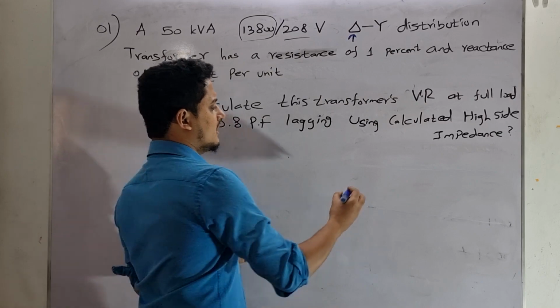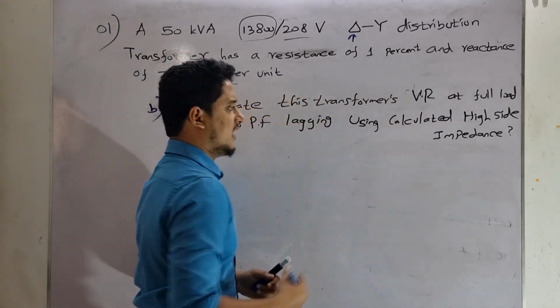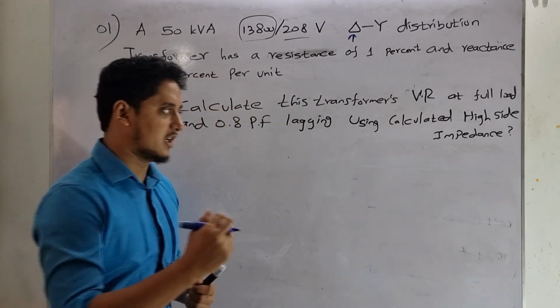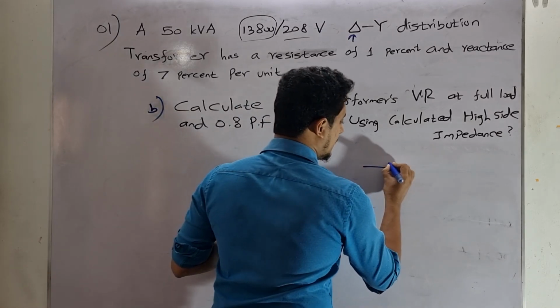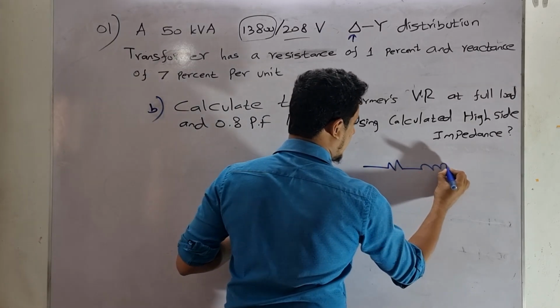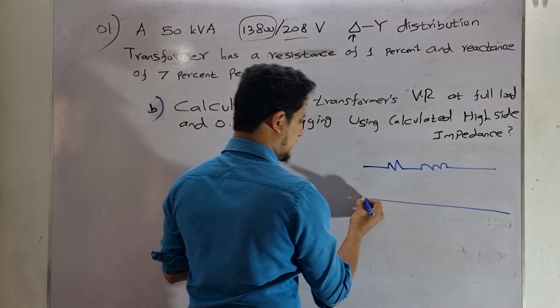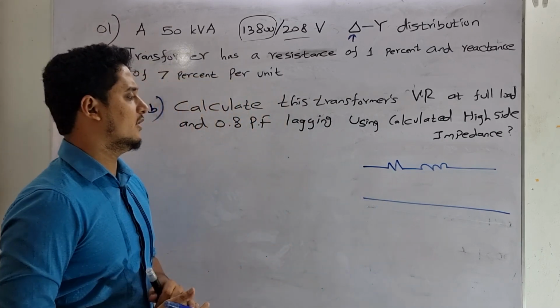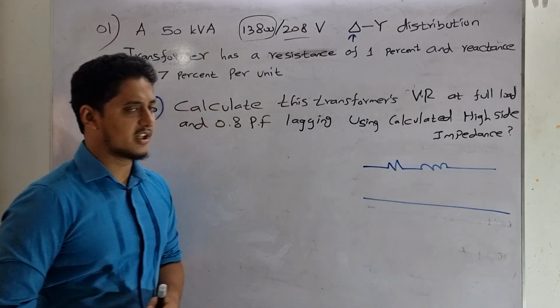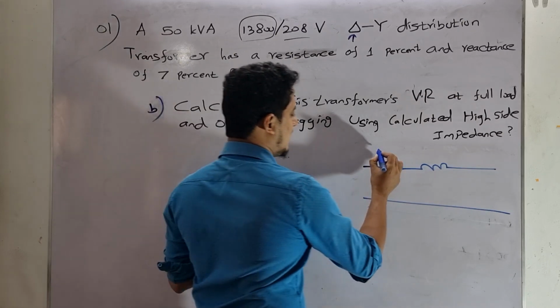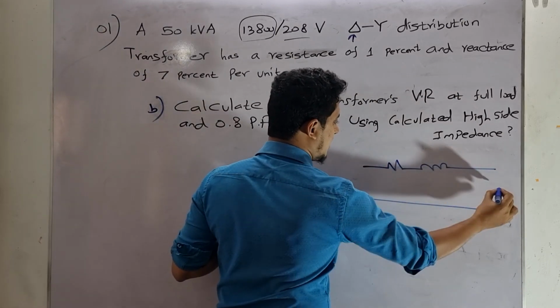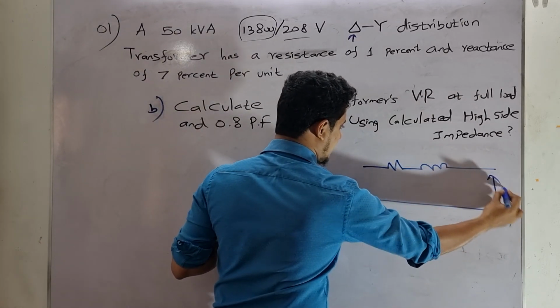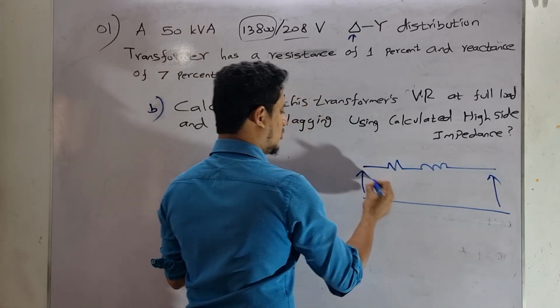So first we will consider the high voltage side equivalent circuit of this transformer. We neglect the excitation branch. So this is the impedance part, this is the output, and this is the input.